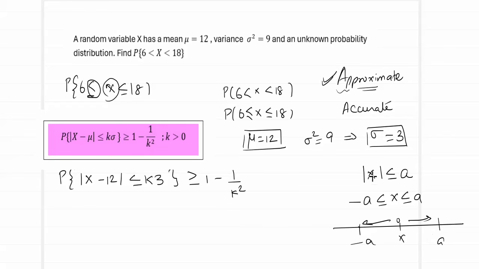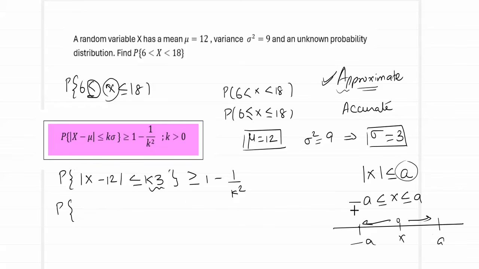Modulus has the habit of observing the negative sign. So now I have a modulus which is less than or equal to 3k. In place of a, we have 3k. So how about removing this modulus and expanding this function?